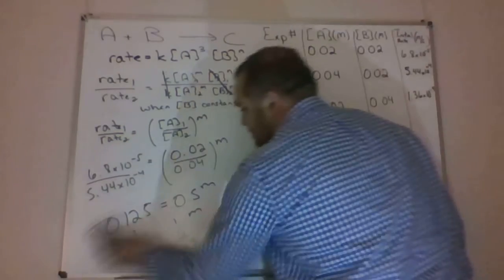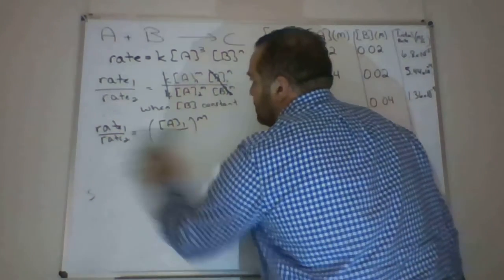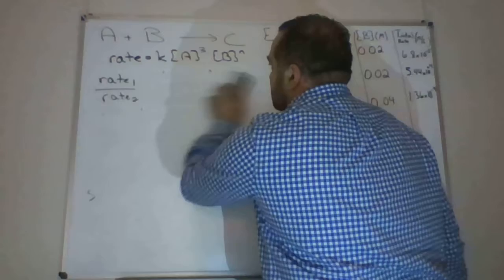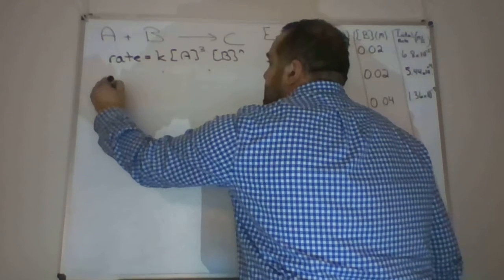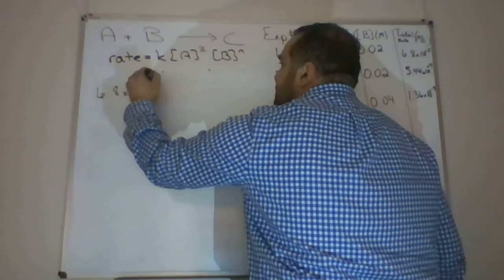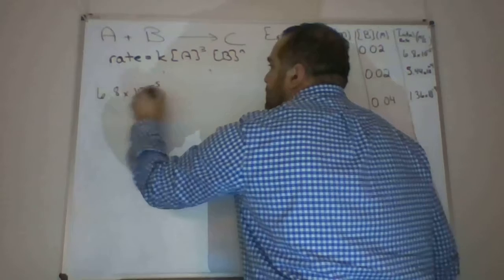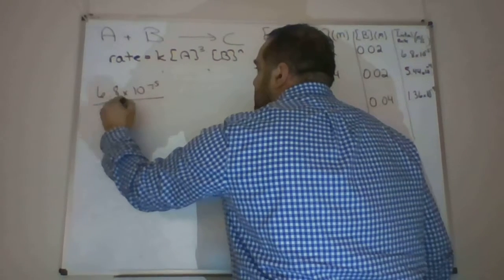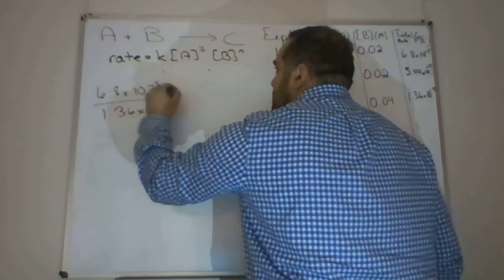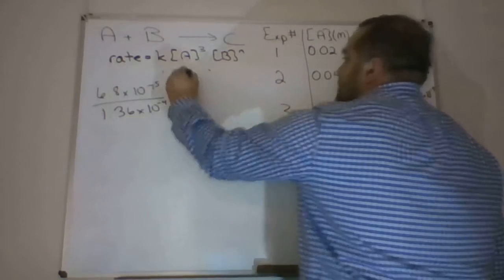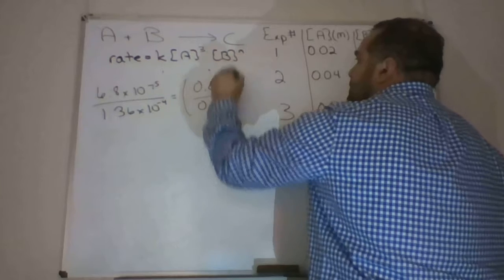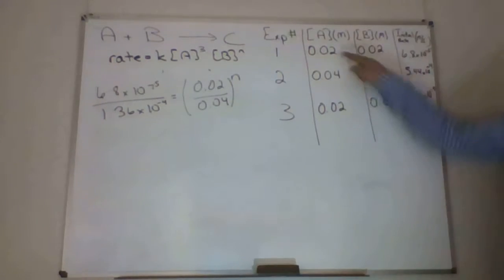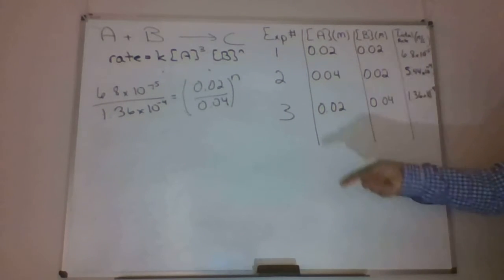Now let's set this up for solving for B. I'm going to choose experiment 1 and experiment 3. Again, in experiments 1 and 3, A is constant, so they cancel out.